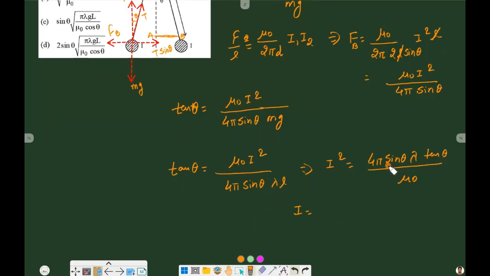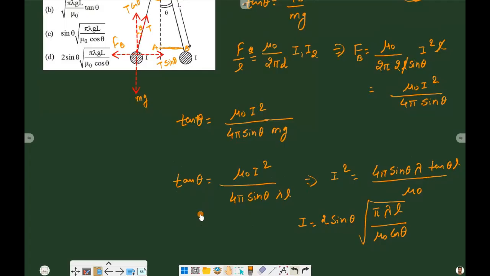I will be, tangent theta we can write as sine theta by cos theta, so sine square, sine will be out of the under root, sine theta under root pi, and 2 sine theta, because 4 will be again out of the under root, so 2 sine theta pi lambda, and what we have extra, we have L also, so pi lambda L divided by mu naught, and from the tangent theta, that was sine by cos, we have cos theta also.